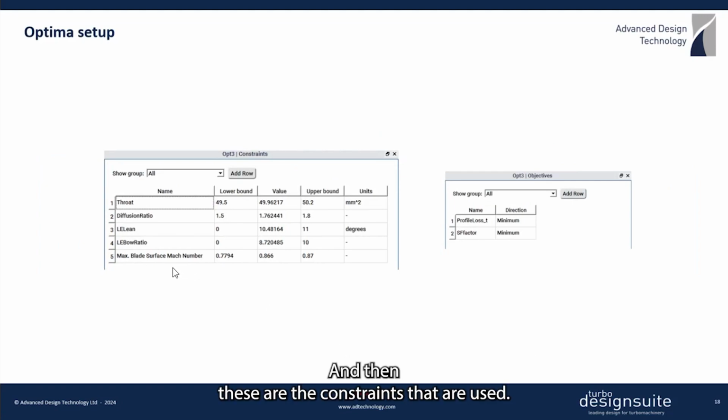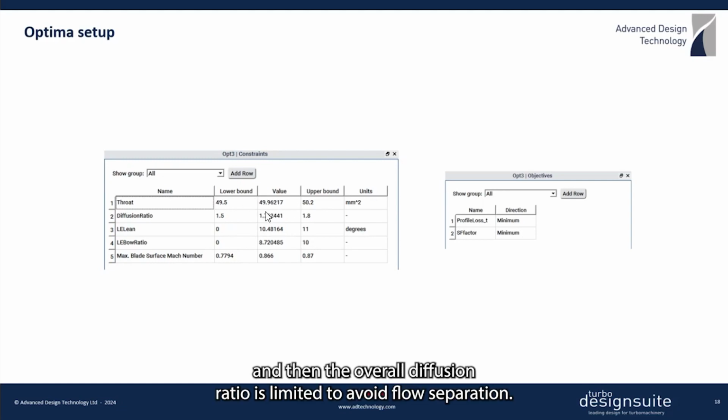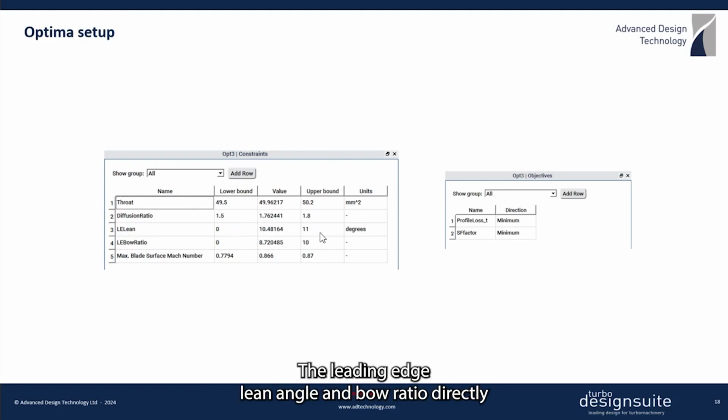And then these are the constraints that are used. So we constrain the throat to control the peak efficiency point, and then the overall diffusion ratio is limited to avoid flow separation. The leading edge lean angle and bow ratio directly impact the maximum blade stress, and so they are restricted as well.